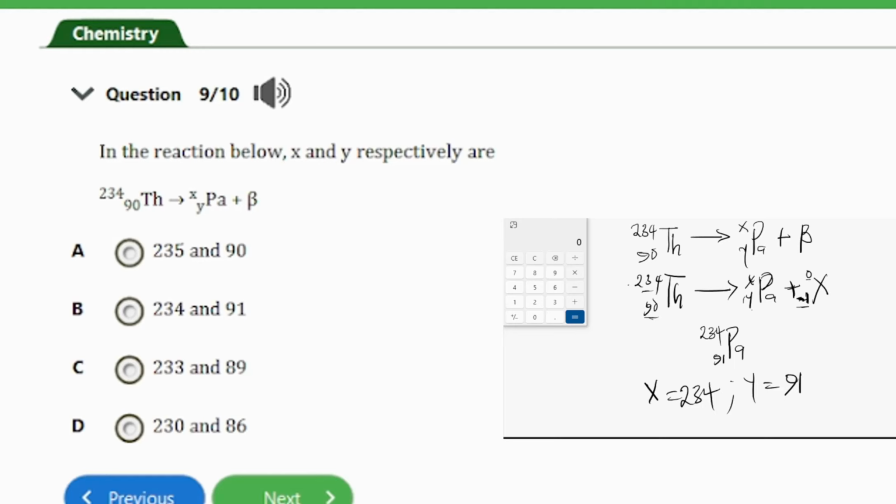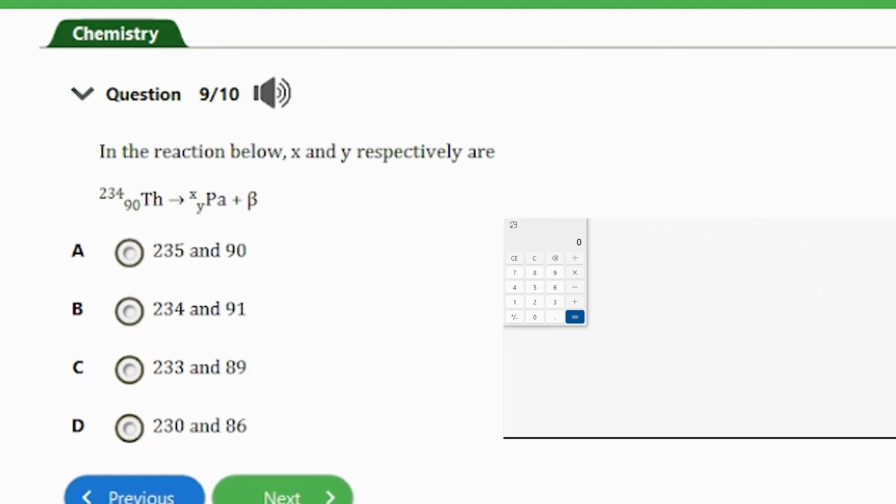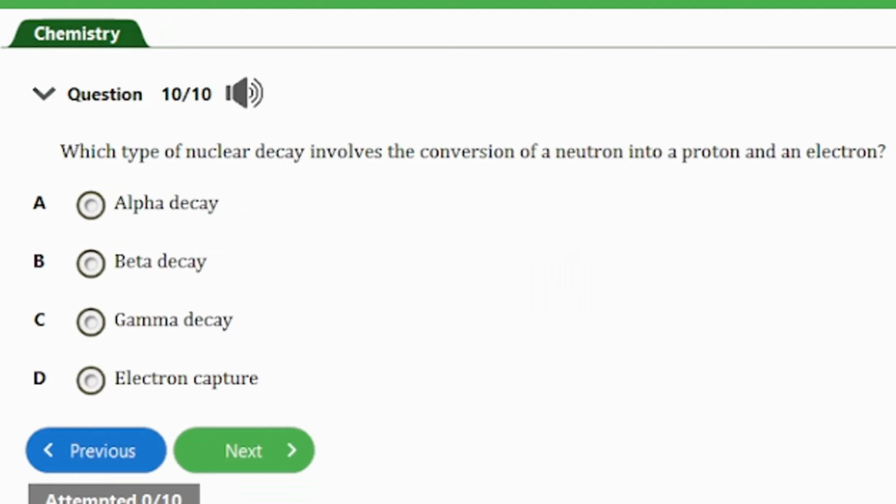So we'll go ahead and wipe this off, and then we'll consider the next question, and that's question number 10. So guys, the question here says, which type of nuclear decay involves the conversion of a neutron into a proton and an electron? So guys, the answer to this question will be beta decay. So out of all the options here, option B is the correct answer to this question, and that's because in beta decay, a neutron in the nucleus is converted into a proton and an electron.